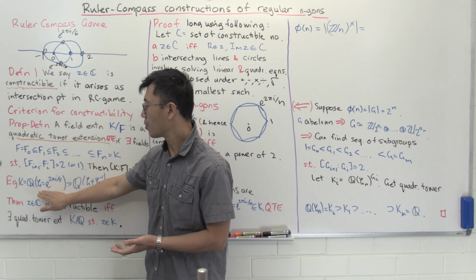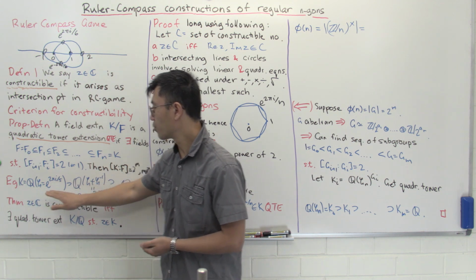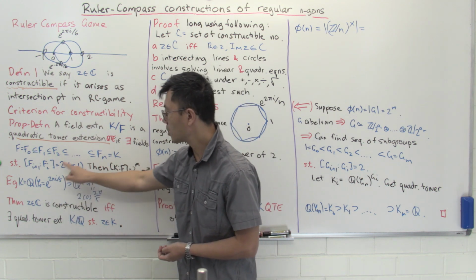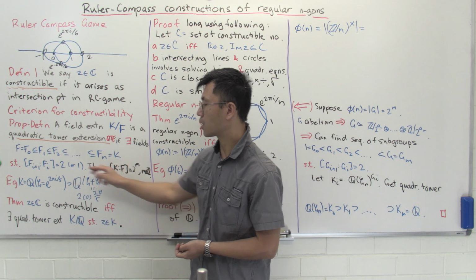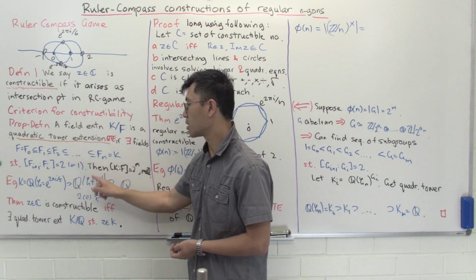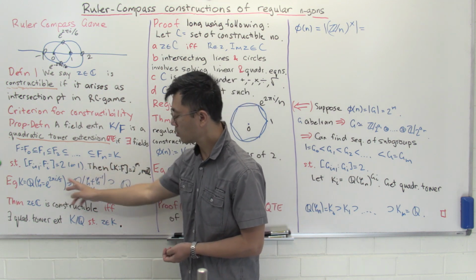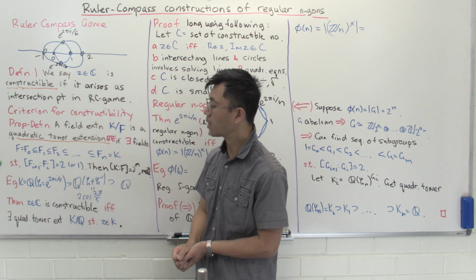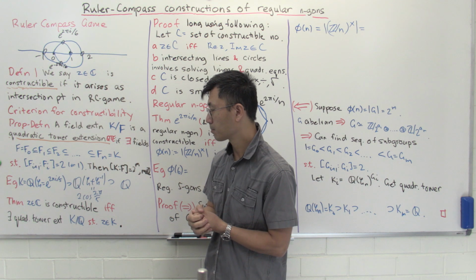So that gives you the degree of this is 4. And we've split this up so that this is degree 2 and this is degree 2. So the degree of this is the product of the degrees of these two. And of course, this is a non-trivial factorization of 4. So it's 2 and 2 here. And that gives you a quadratic tower extension.